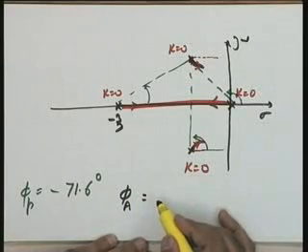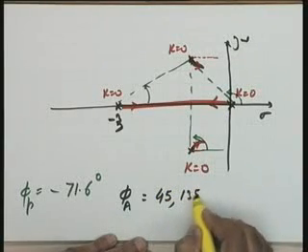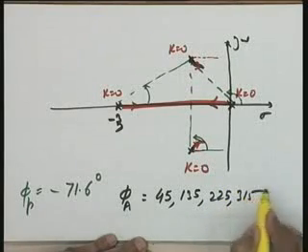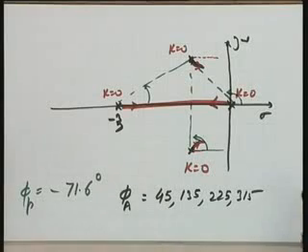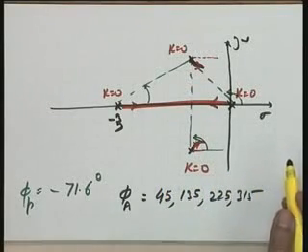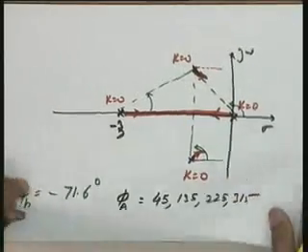Yes, has anyone calculated? Otherwise, I read from my notes: 45, 135, 225 and 315. These are the 4 angles you are going to get. q will be equal to 0, 1, 2 and 3. I will give you the formula if you want.